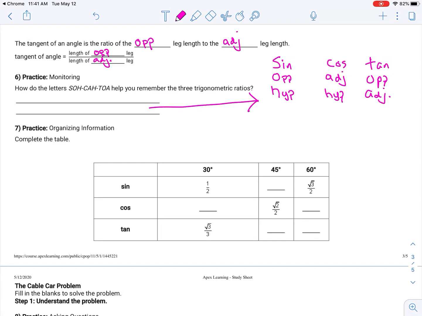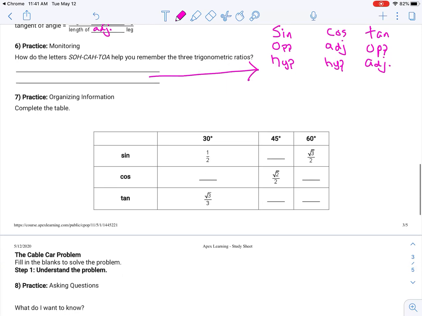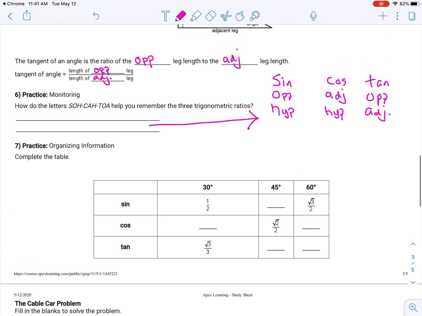7, complete the table. Okay, so the sine of 30 is 1/2. Okay, and so you got 30, 45, and 60. Okay, there's probably a better way to explain this, but I'll try to roll with it for you.